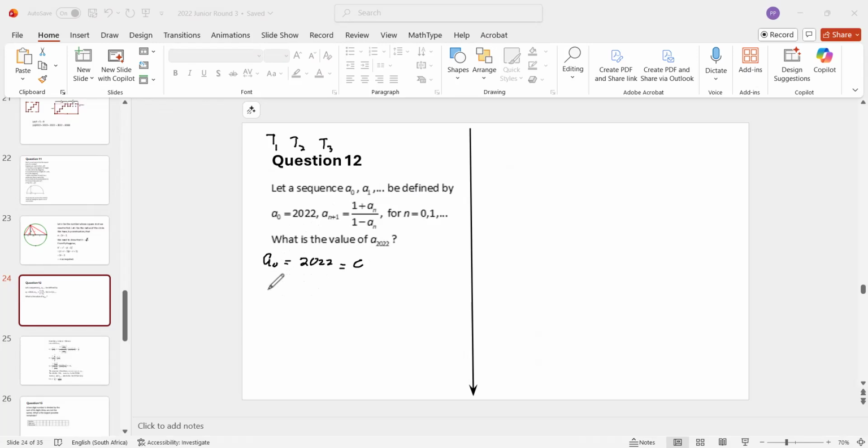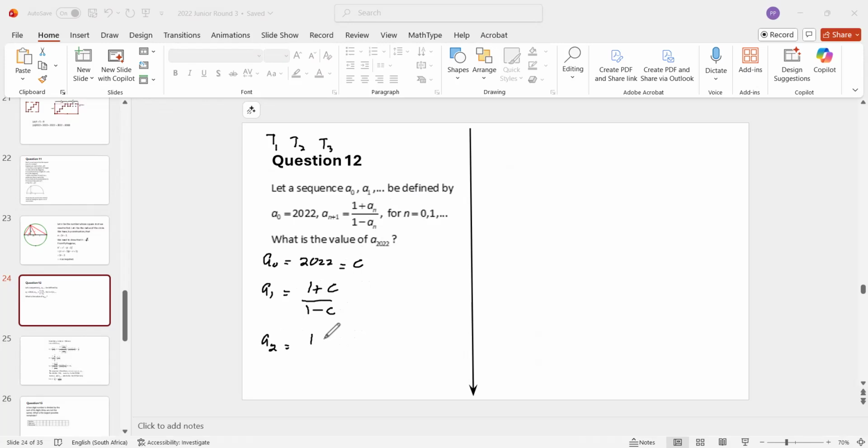Now, according to the rule, A1 is you take the previous one, you add 1 to it, 1 plus C, because we call the previous one C, over 1 minus C. So it's 1 plus previous over 1 minus previous. This is what the rule says. So that is A1.